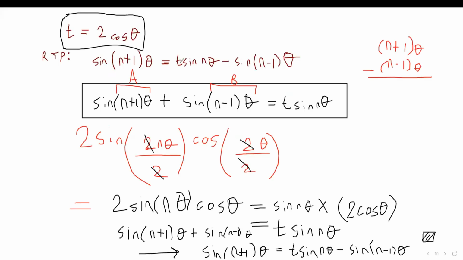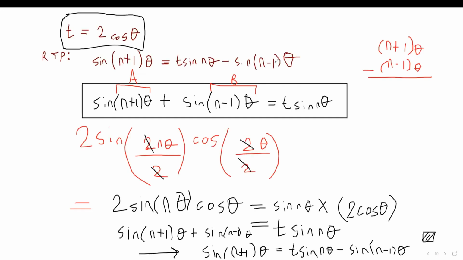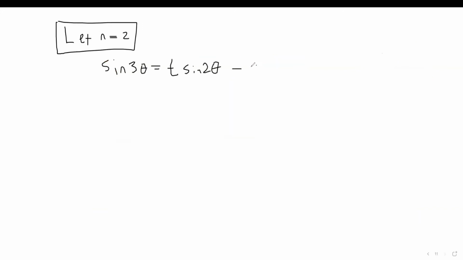t sine 2 theta minus, put n as 2 again, 2 minus 1. 2 minus 1 is 1, so we get minus the sine of theta.